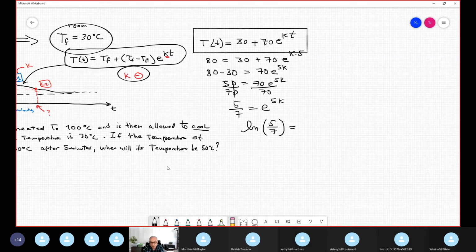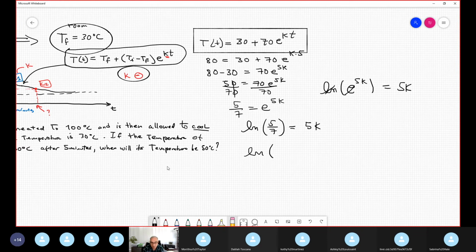That means K is negative. So 5K. Remember the natural logarithm and exponential cancel out each other, so natural logarithm of e to the 5K is equal to 5K. Now, natural logarithm of 5 over 7 is equal to 5K. I divide by 5 on both sides, and natural logarithm of 5 over 7, over 5, is equal to K. Is this the final answer? No, this is a partial answer, but we need this partial answer at the moment. And now I need to continue.